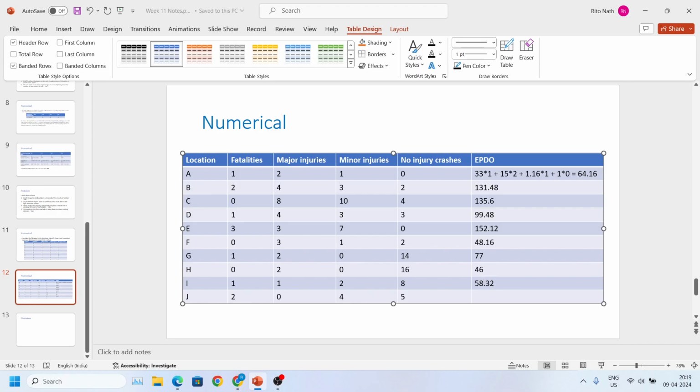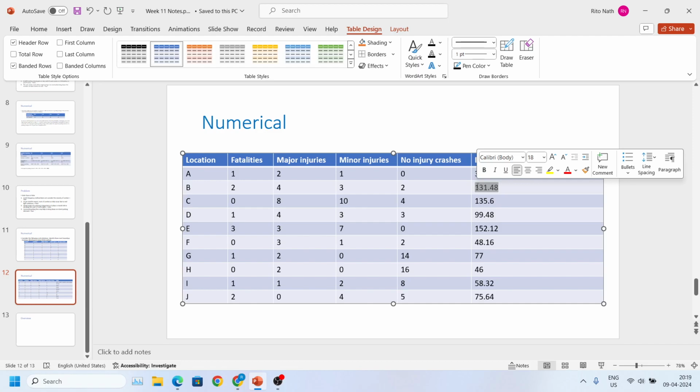And the last one is 33 times 2 plus 15 times 0, then 1.16 times 4, plus 5, which is 75.64. So from here, the top three are E, C, and B. So those will be your top three.